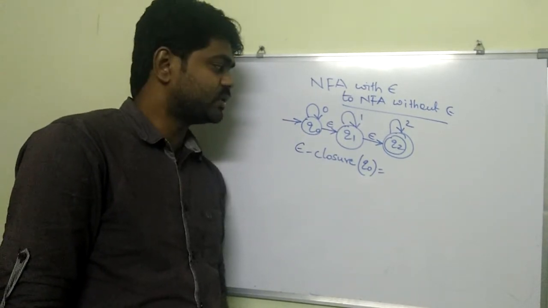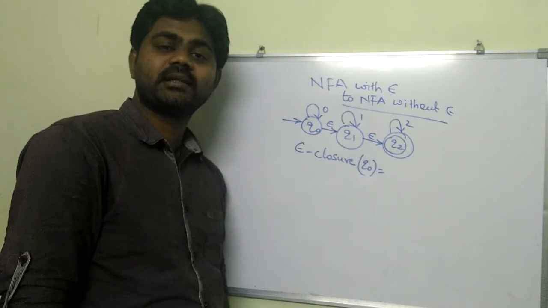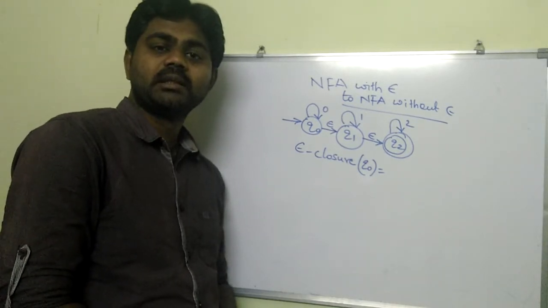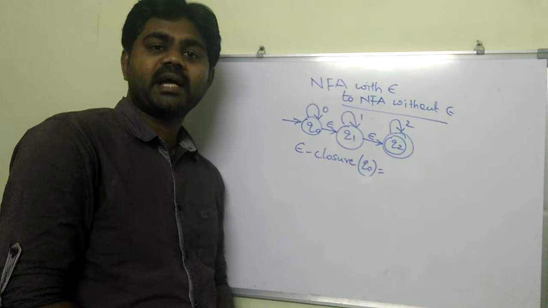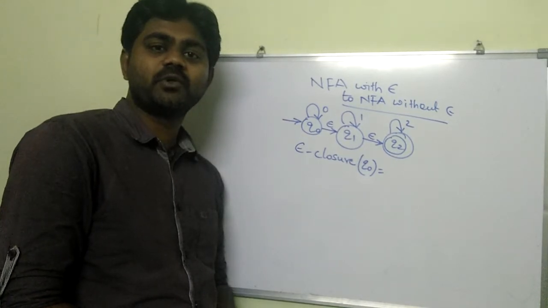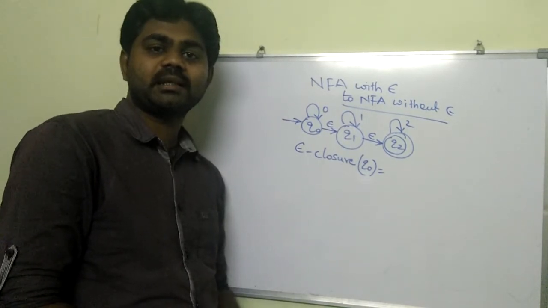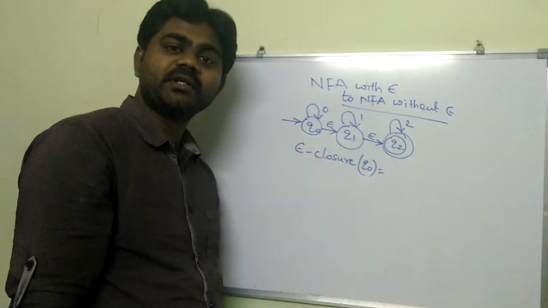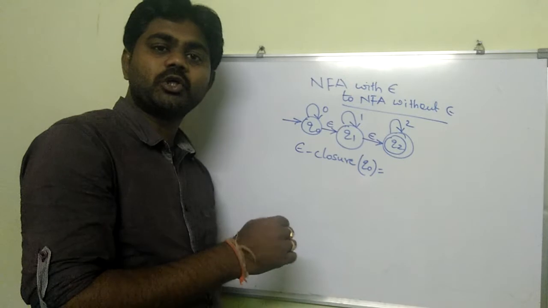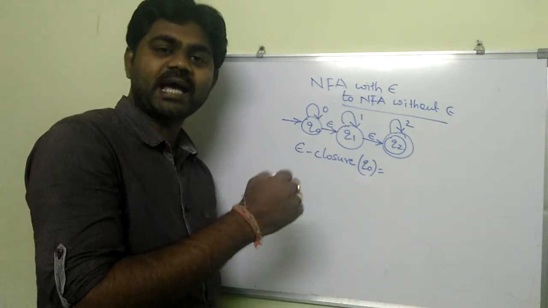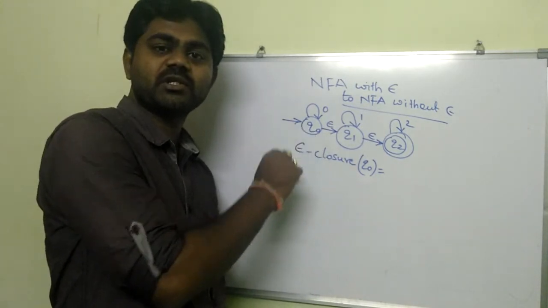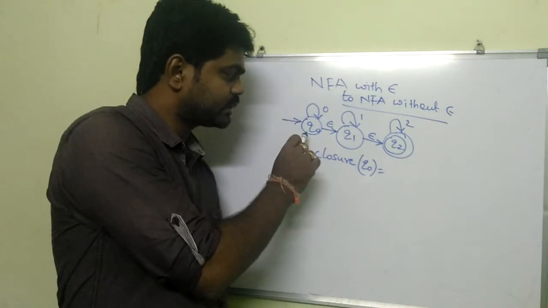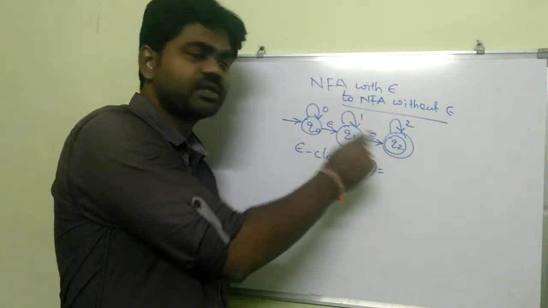Now to go to Q2, I require epsilons here, between Q0 and Q1 and between Q1 and Q2. So the epsilon closure of Q0 will be Q0, Q1 and Q2.